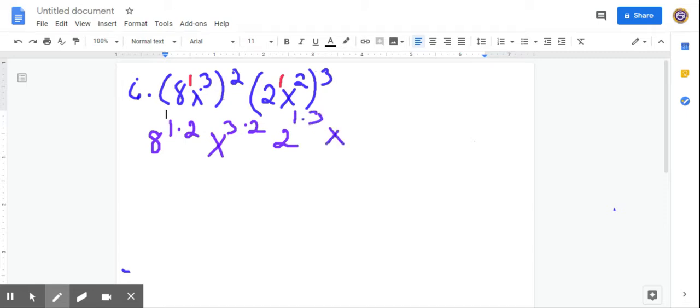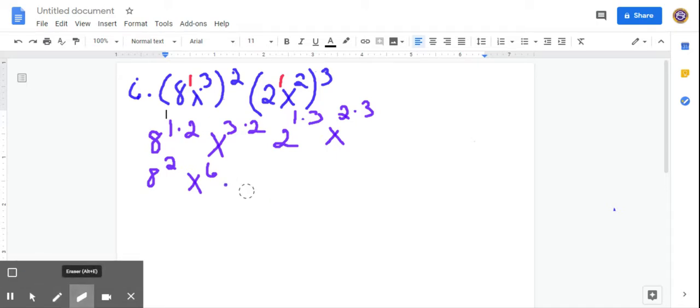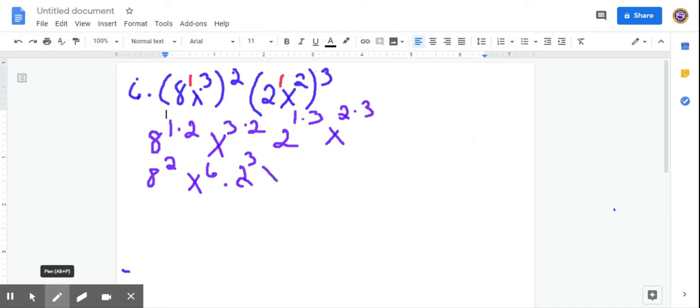Keep the base x, multiply the exponents 2 times 3. Now simplify. So you have 8 squared, x to the 6th power, times 2 cubed. I'm going ahead of myself here. So times 2 cubed and x to the 6th power.